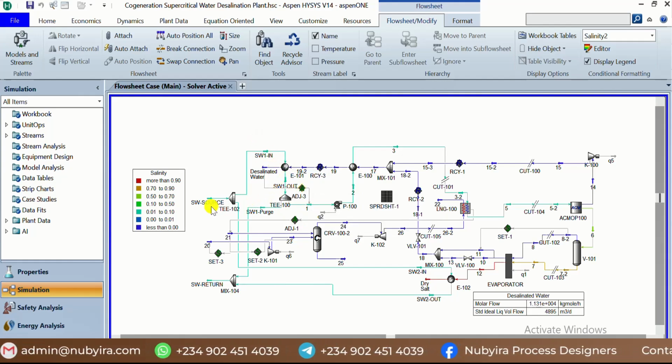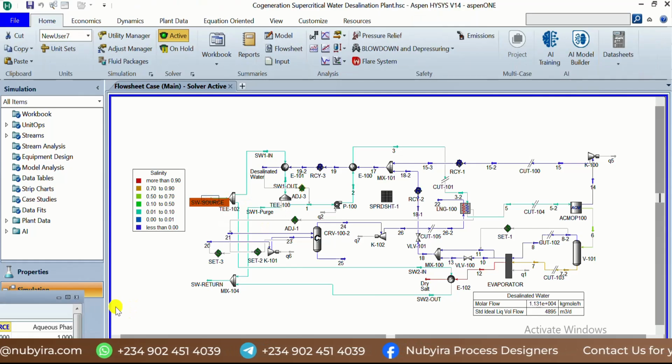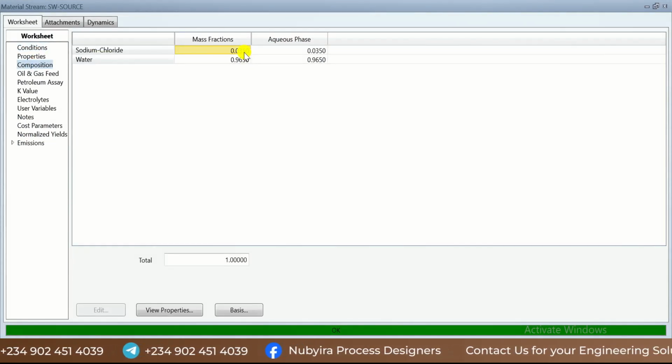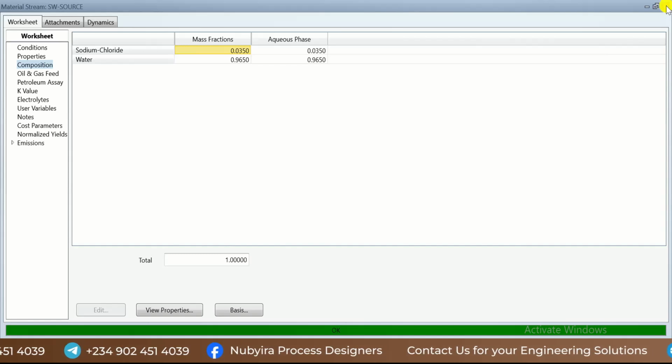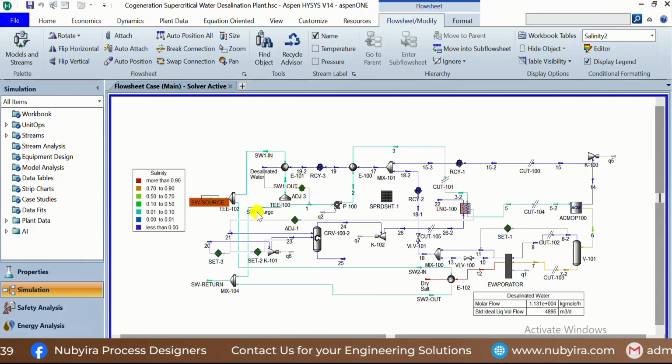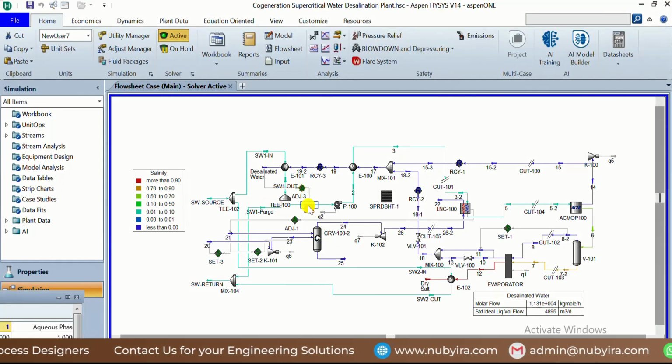You understand? And when you check the composition of the seawater, it is 3.5 weight percent sodium chloride. Then the one that is to be used in the process is taken.